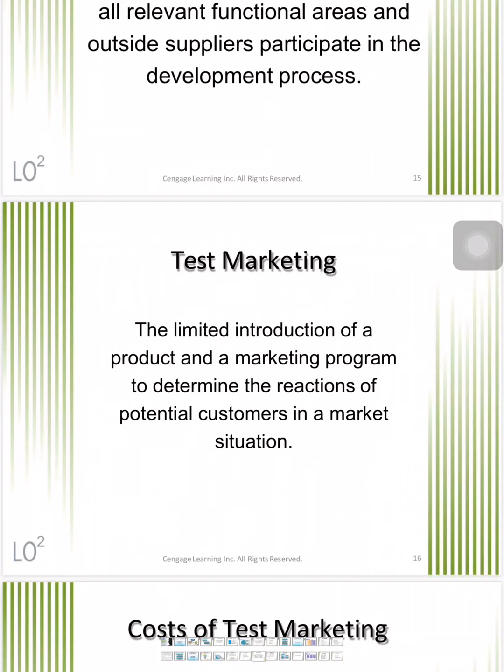Basically, in this stage the marketers do not directly launch the product on a large scale, because the competitor may take advantage of it. In this stage you just want to do a test of the marketing. So usually marketers do not launch the product on a large scale.